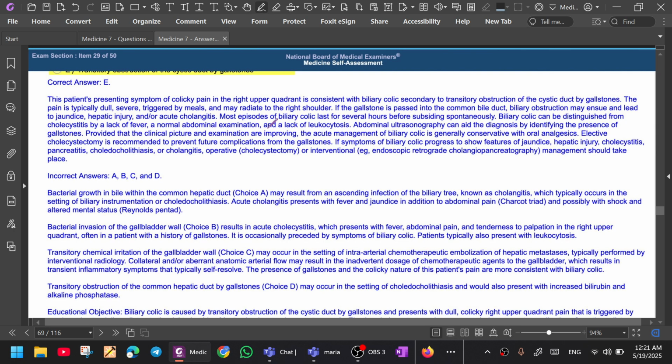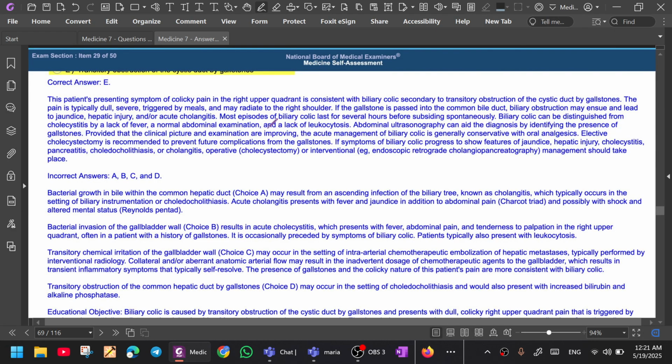Most episodes of biliary colic last several hours before subsiding spontaneously. Biliary colic can be distinguished from cholecystitis by a lack of fever, a normal abdominal examination, and lack of leukocytosis.